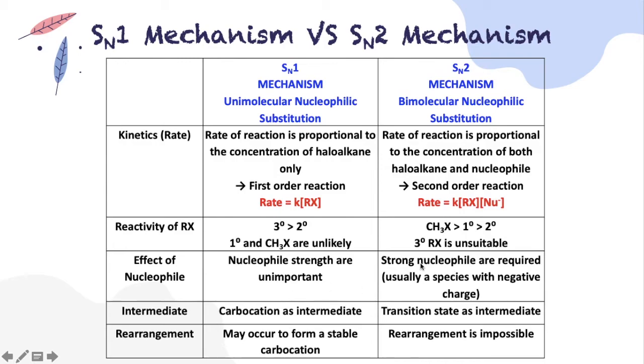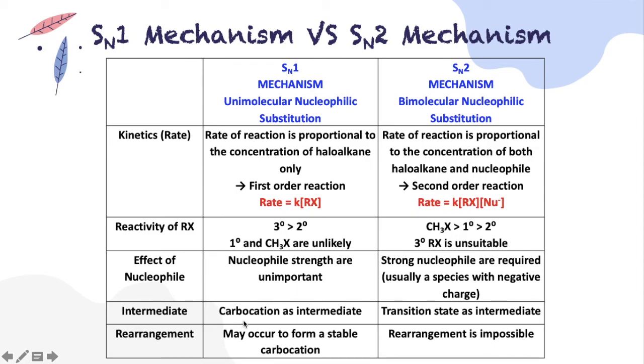But in SN2 mechanism, a strong nucleophile is required because it is a second order reaction, so the rate involves the concentration of nucleophile. The stronger the nucleophile, the more likely SN2 mechanism is to happen. It means the reactivity of haloalkane increases if we have a stronger nucleophile.